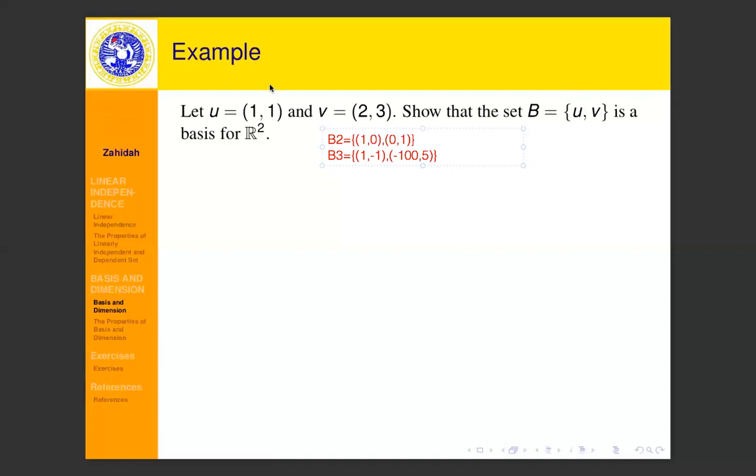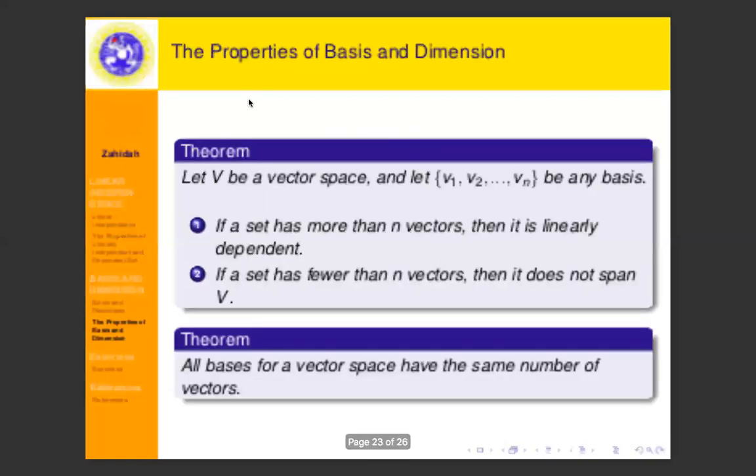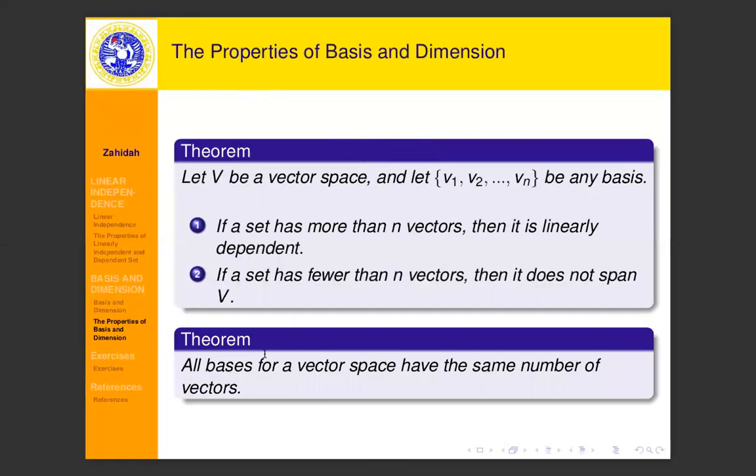The last property says that all bases for a vector space have the same number of vectors. That's why you can conclude that the dimension is the number of vectors in a basis.